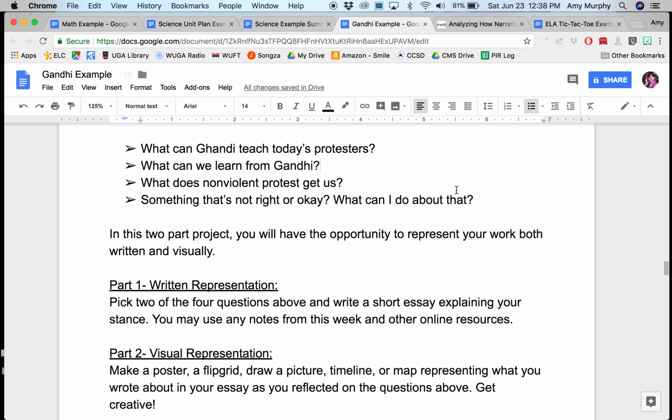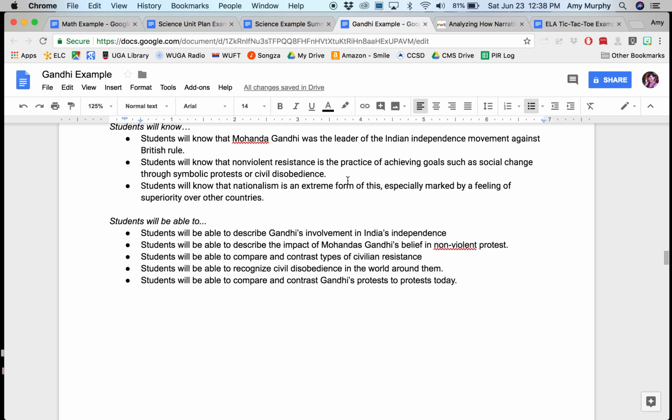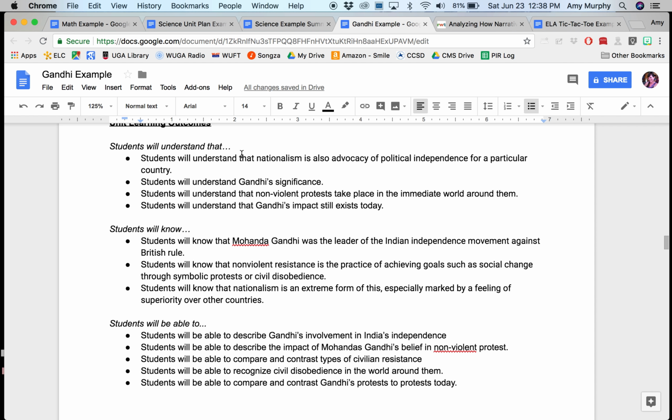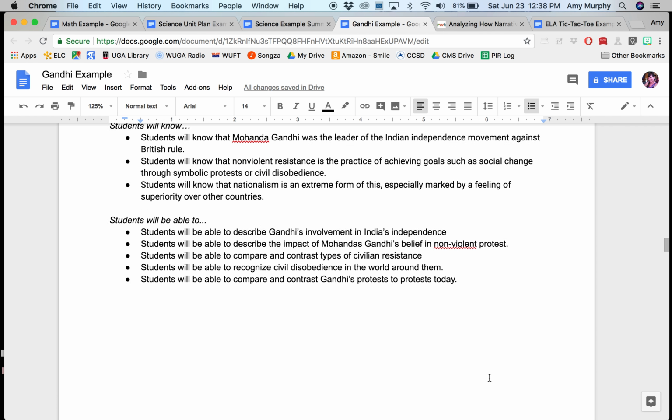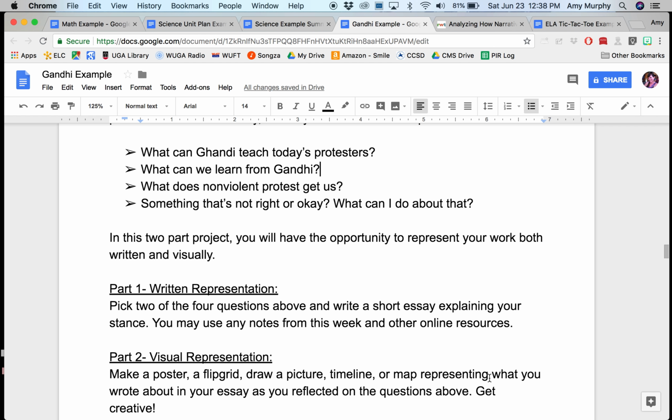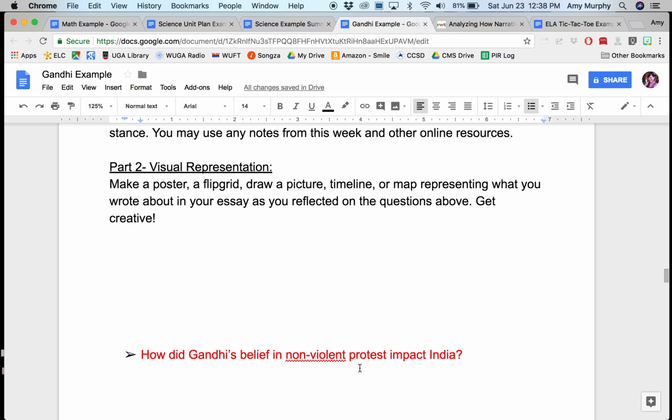So I could see her using some of these questions as part of her final assessment, but her summative assessment really did not get at the majority of the learning outcomes that she had identified, nor the actual standard. She did go back and add this question: how did his belief in nonviolent protest impact India? I still don't think that's totally hitting the mark that we need for this.